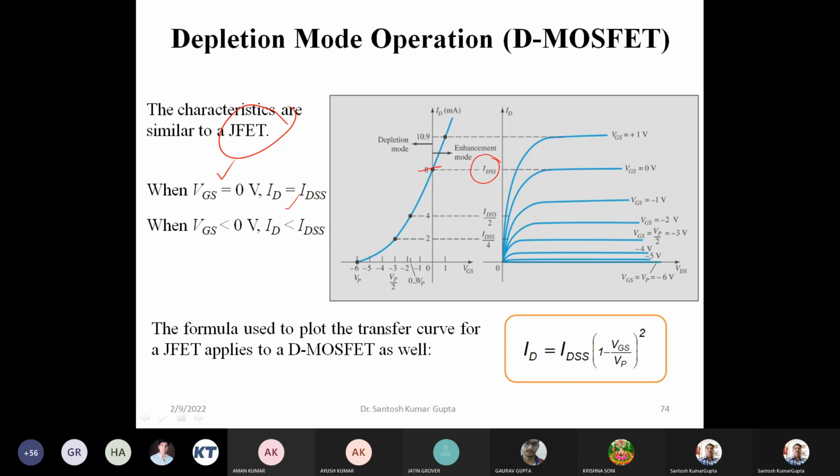And for VGS less than 0 volt, the drain current also decreases. So the same equation we can use as we used for JFETs, for voltages less than 0 volt, VGS down to VP for the N channel, and for VGS greater than 0 volt for the P channel, as we have already seen.